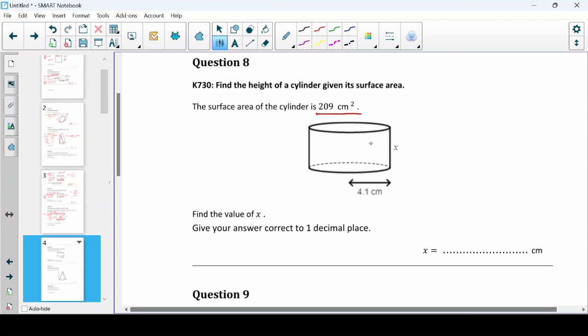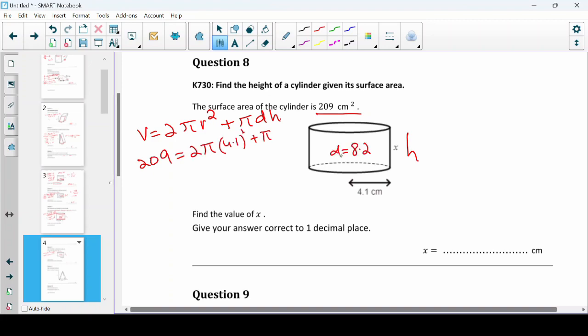In this, we just put the values. 209 is equal to 2 pi 4.1 squared plus pi times, if this 4.1 is a radius, so the diameter will be 8.2 because the diameter is double of the radius. So pi times 8.2 times h.